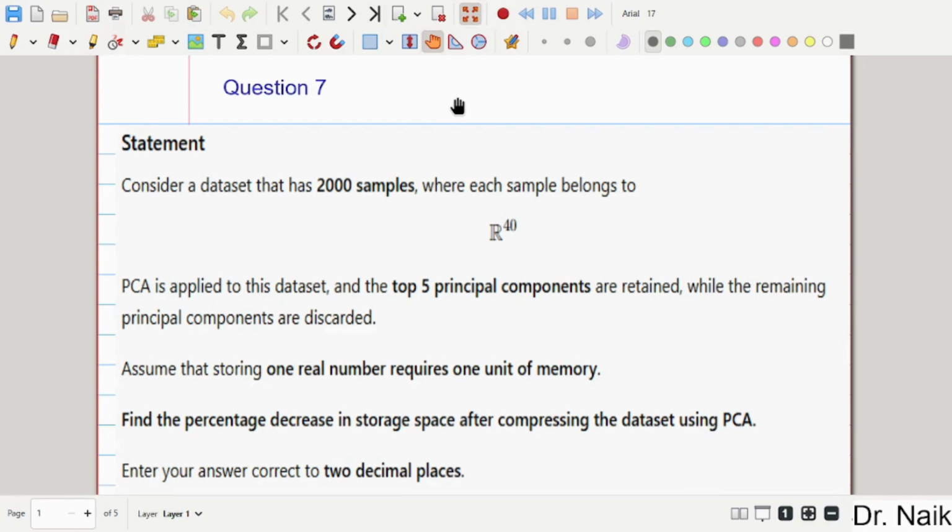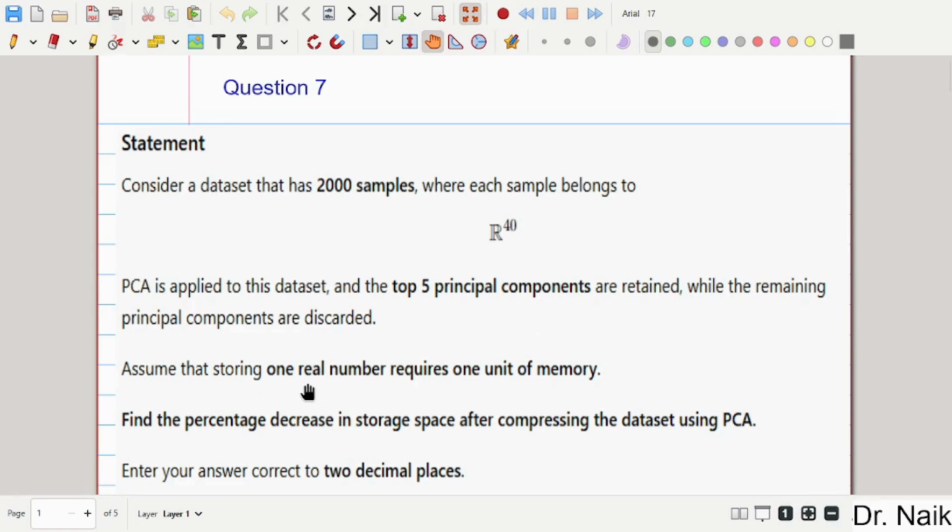Question 7. Consider a dataset that has 2000 samples where each sample belongs to R^40. PCA is applied to this dataset and the top 5 principal components are retained, while the remaining principal components are discarded.